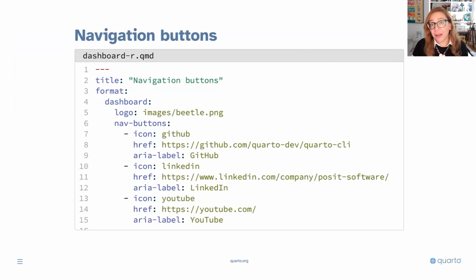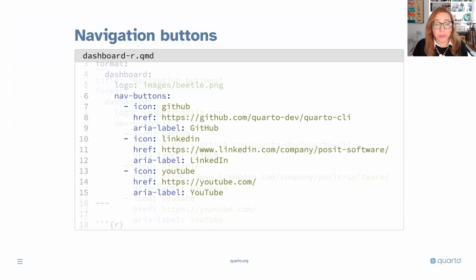Other things we can add to our navigation bar are other buttons. For example, social buttons. Here I have buttons to GitHub, to LinkedIn, and YouTube. We can see that we're using Bootstrap icons for them. So that's when we say icon: github, for example, that's what it's looking for. We then have an href to where we want that link to go, and we can also add an accessible label to them as well.